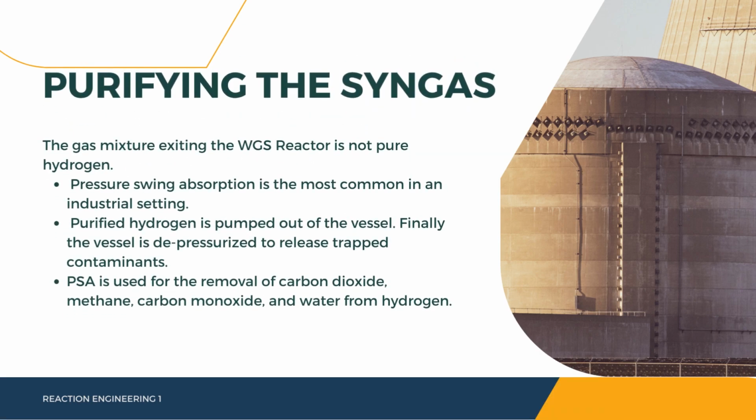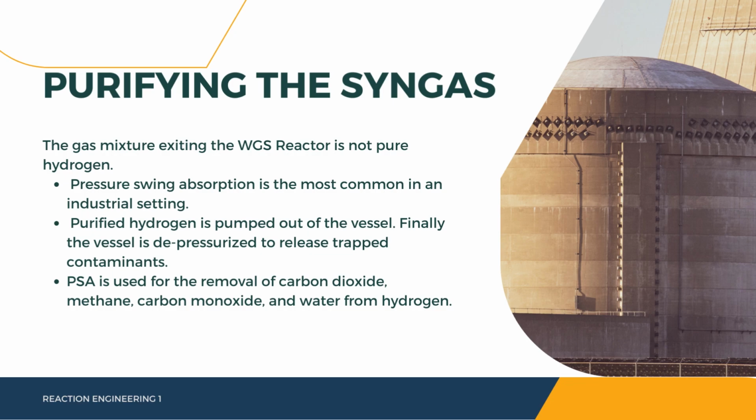The last part of this section is purifying the syngas. The gas mixture entering the water gas reactor is not pure hydrogen, and therefore it needs to be refined further to meet customer specifications. Pressure swing adsorption is the most common industrial setting.